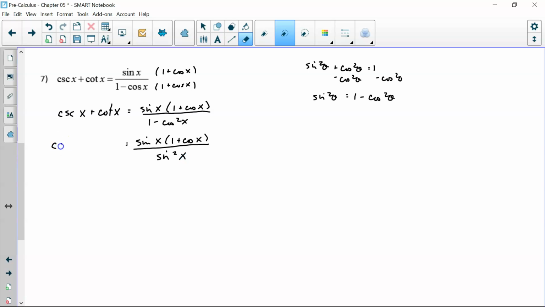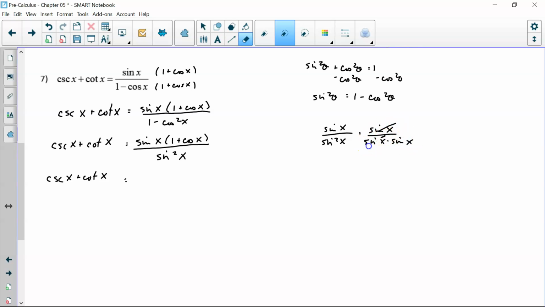All right, so on the left-hand side, we still have the cosecant of x plus the cotangent of x, equals. Now, sine of x over sine squared. Now, sine squared, keep in mind, that's just sine times sine.